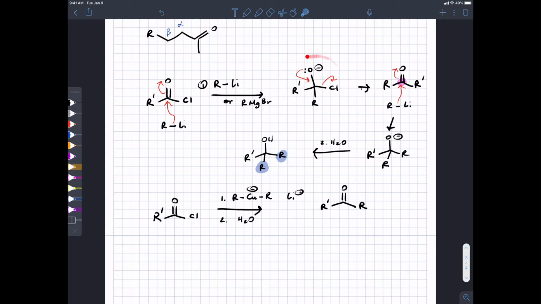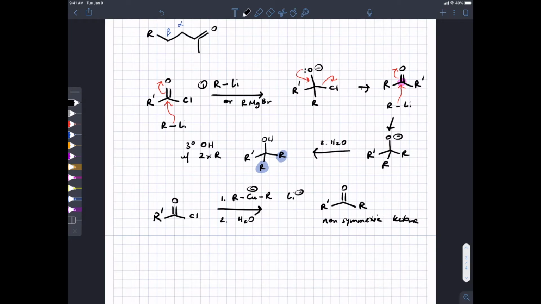You can stop after this first addition step. And the pattern here, instead of the product being a tertiary alcohol with 2 of the same R group, this is now a non-symmetric ketone. That is, it's a ketone where the one R group is different from the other R group. So that's why cuprates. It allows you to take the same starting material and get different products.